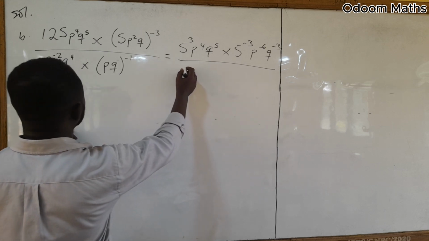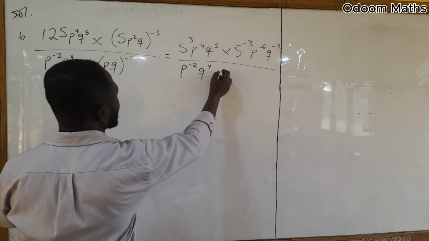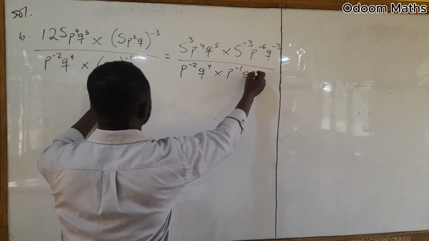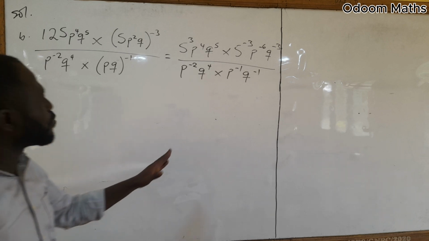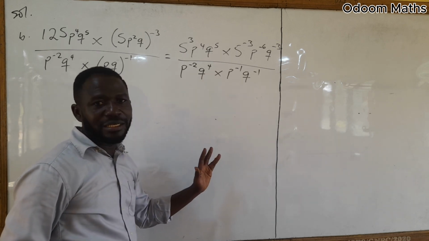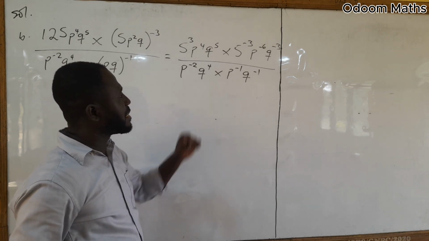So p to the negative 2, q to the 4 times, this is p to the negative 1, q to the negative 1. Okay, so now let's group the numbers from the variables separately to get the answer easily.